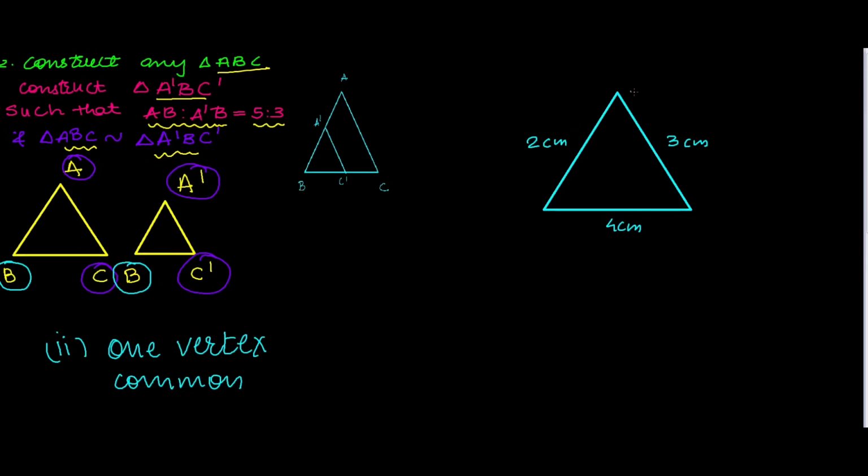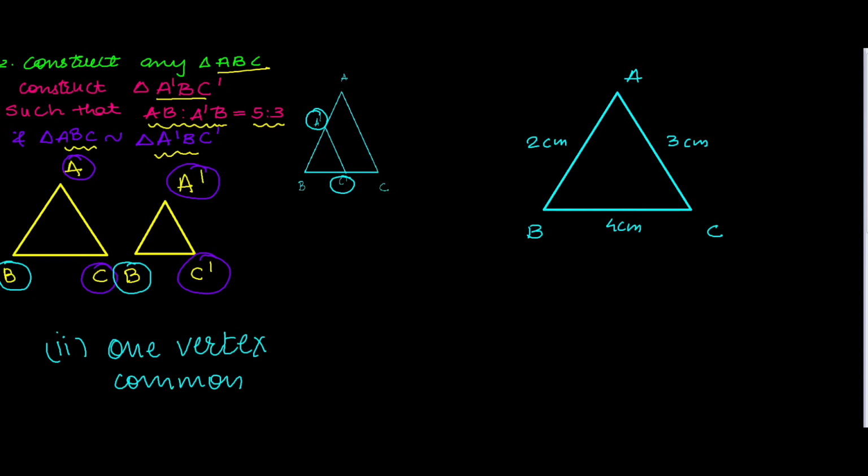This is just an assumption. So A, B and C, this will be our triangle. First we have constructed ABC. Now we have to construct triangle A dash B C dash like this in triangle ABC. So the line will be somewhat like this inside triangle ABC. So let us construct that.